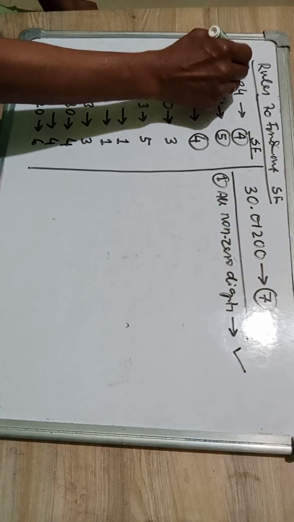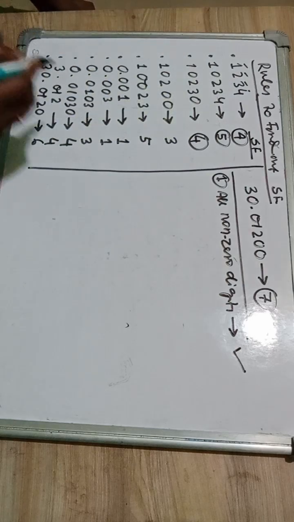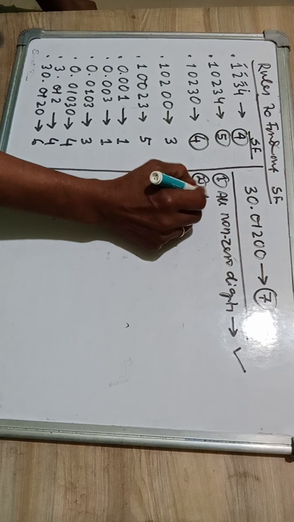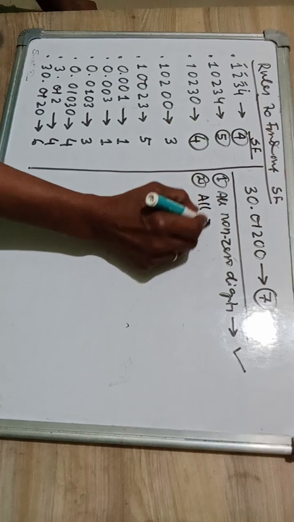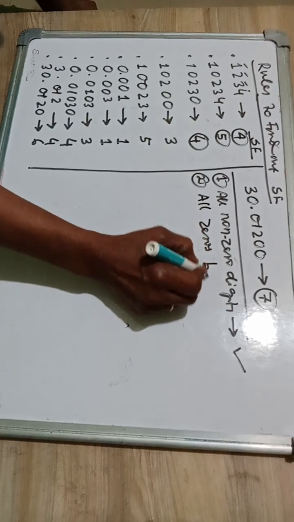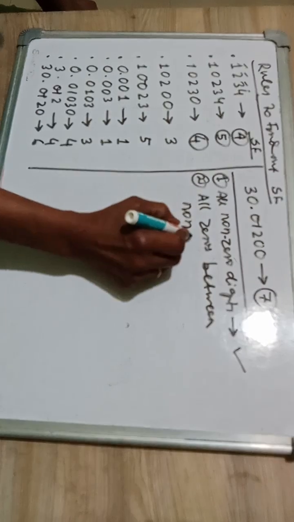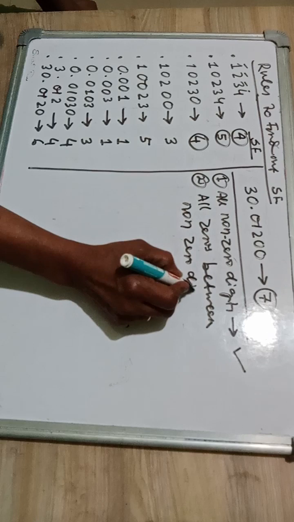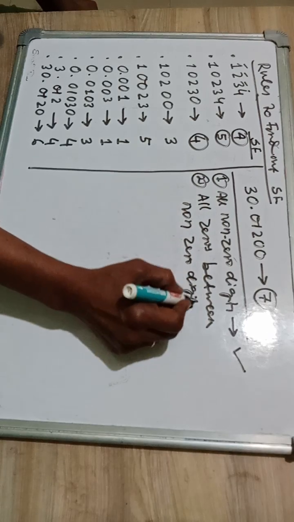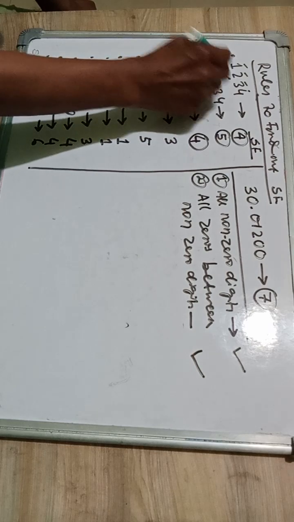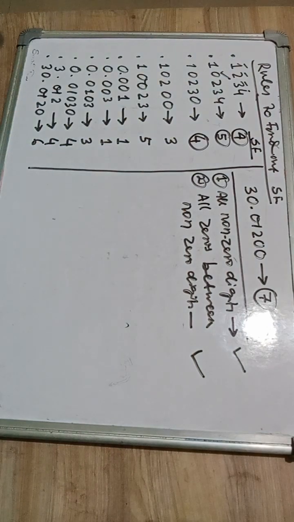Here, all non-zero digits are significant. The second rule says all zeros between non-zero digits are significant. Here, this 0 became significant.